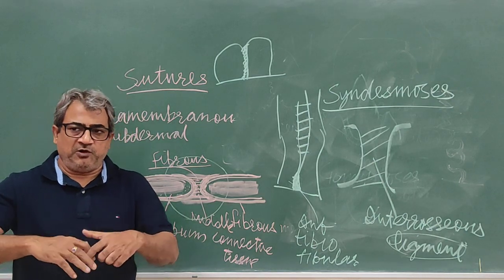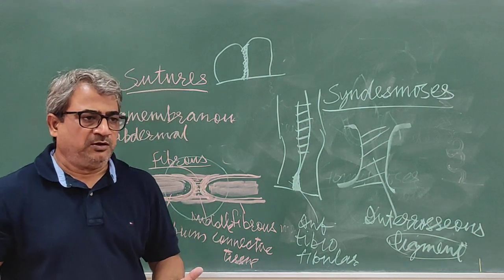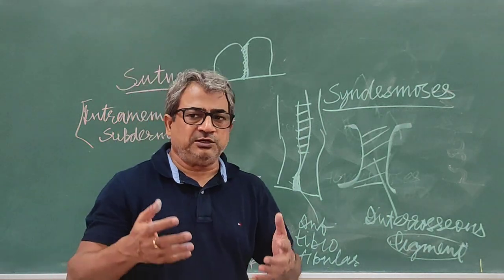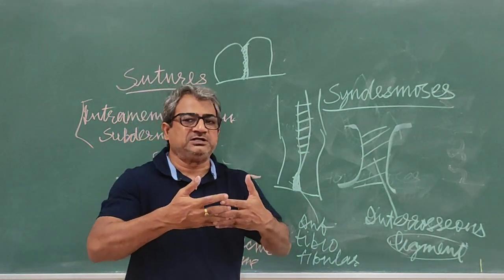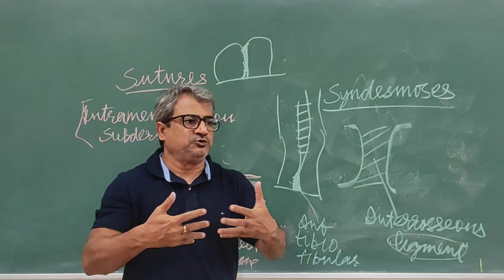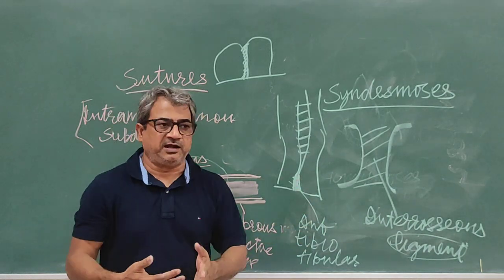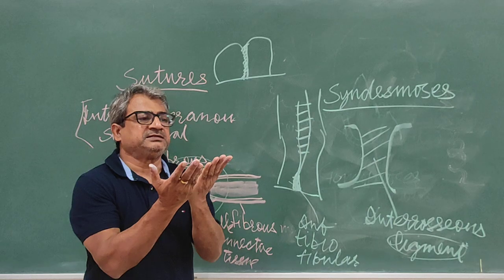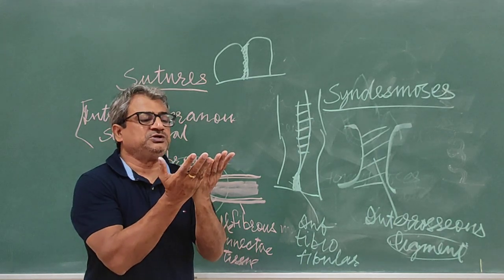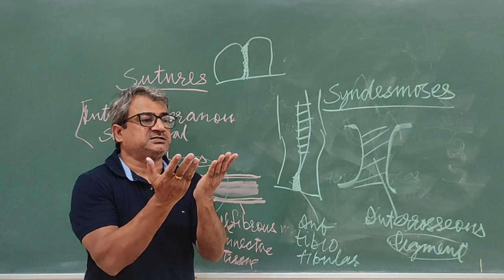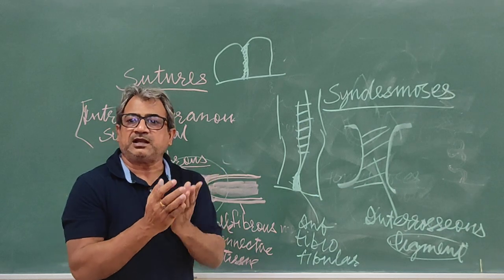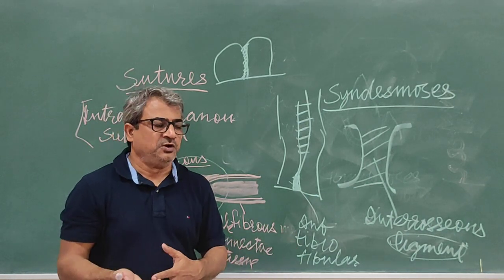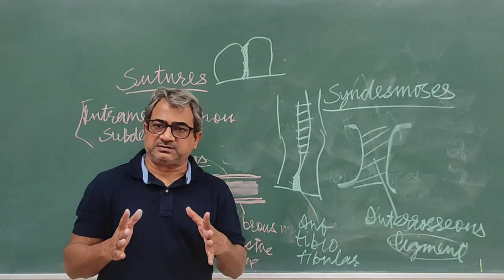So if we want to divide the fibrous joint, we can divide it on the basis of the region: when the two bones are present and they show congruent surfaces pushing into each other in a variety of forms, we classify them as sutures. And when they are lying side by side, maybe very close to each other or maybe separated by large distances, but in between them they are connected with the help of some ligament or other fibrous tissue, we call them the syndesmosis.